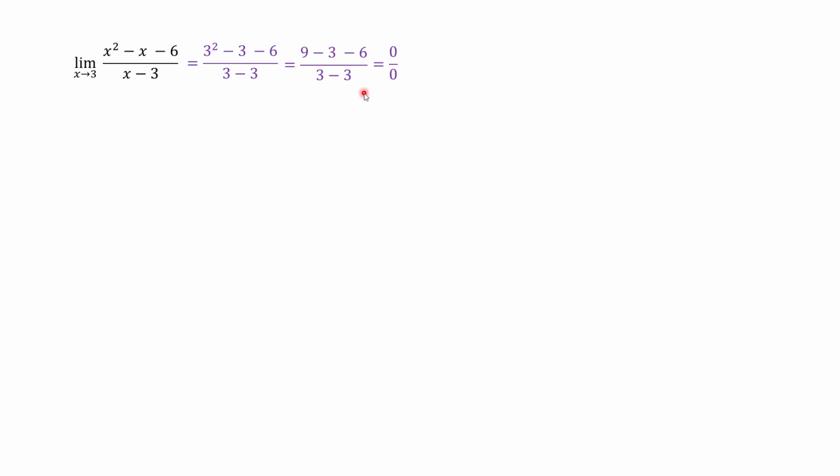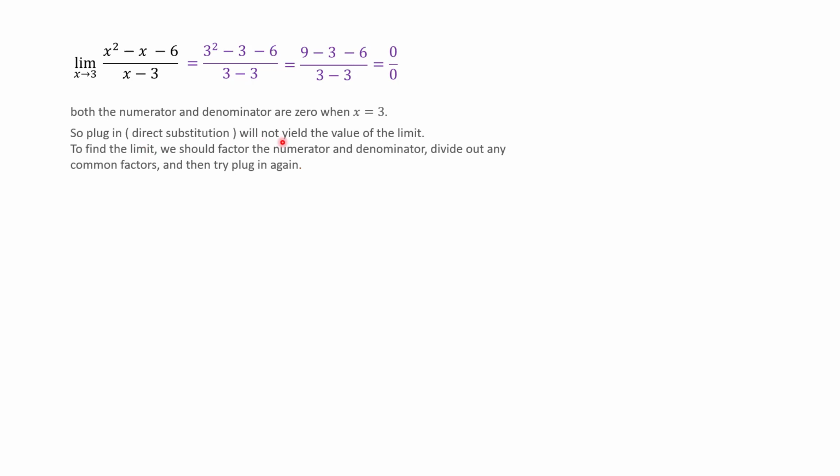Let's review this technique. By direct substitution, both the numerator and the denominator are 0 when x equals 3. So plugging in will not yield the value of the limit. To find the limit, we should factor the numerator and the denominator, divide out any common factors, and then try plugging in again.